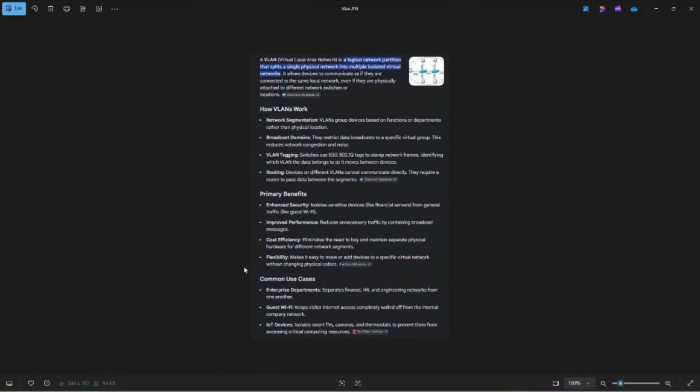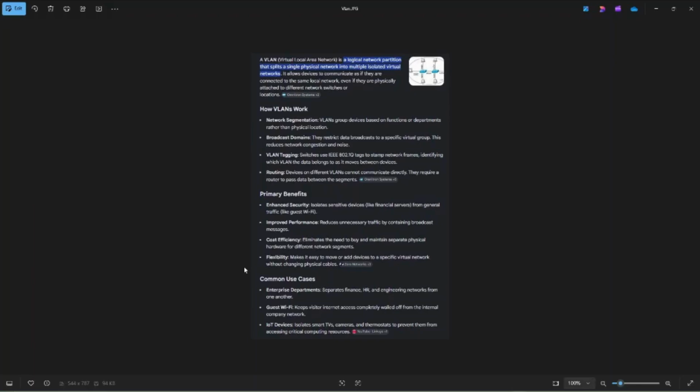It says VLAN tagging. Switches use the IEEE 802.1Q tag to stamp network frames, identifying which VLAN the data belongs to as it moves between switches.